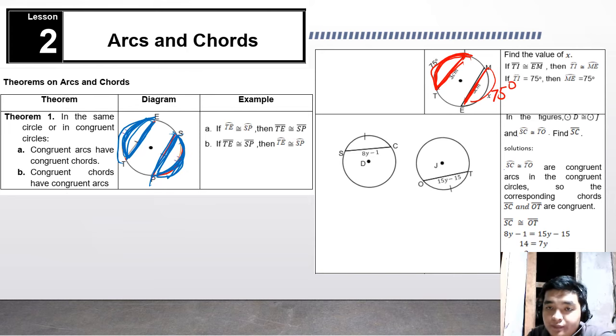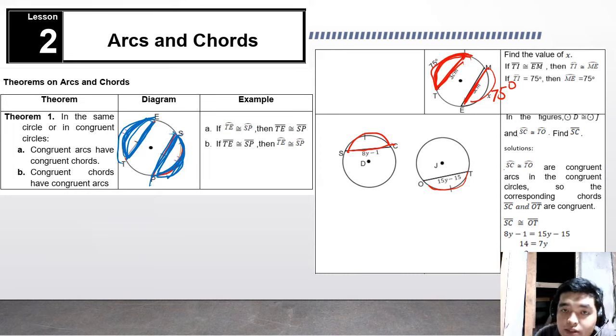Okay, so next, in figure C, circle D is congruent to circle J, and this arc SC is congruent to this arc TO. Find SC, given 8y minus 1 and 15y minus 15.